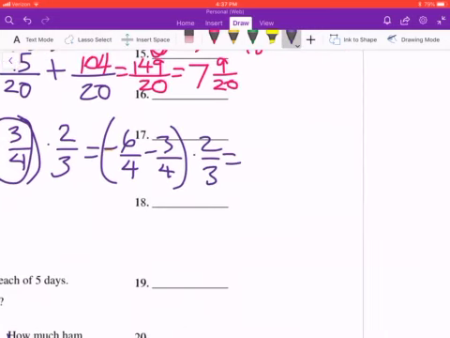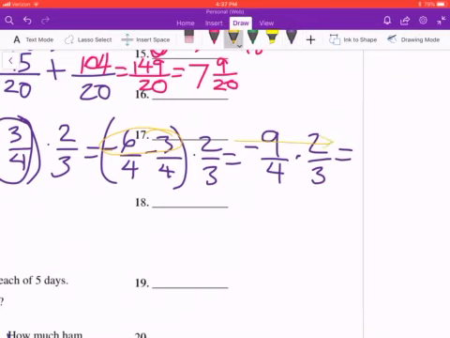So in this case, we now have the same denominator, so we can combine these two numbers. Remember, they're both negative, so this will be negative 9 over 4 times 2/3. So from here, we multiply straight across, and we're going to get negative 18 over 12.